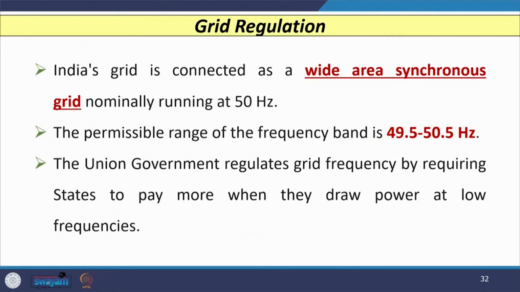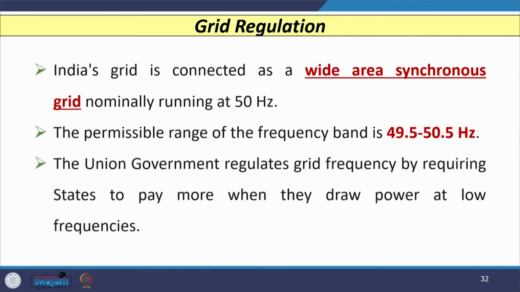Now, the important aspect is the grid regulation. So, we know that our Indian grid or network is connected to a wide area synchronous grid, which is normally running at 50 hertz. In other countries, the fundamental or base frequency is 60 hertz.